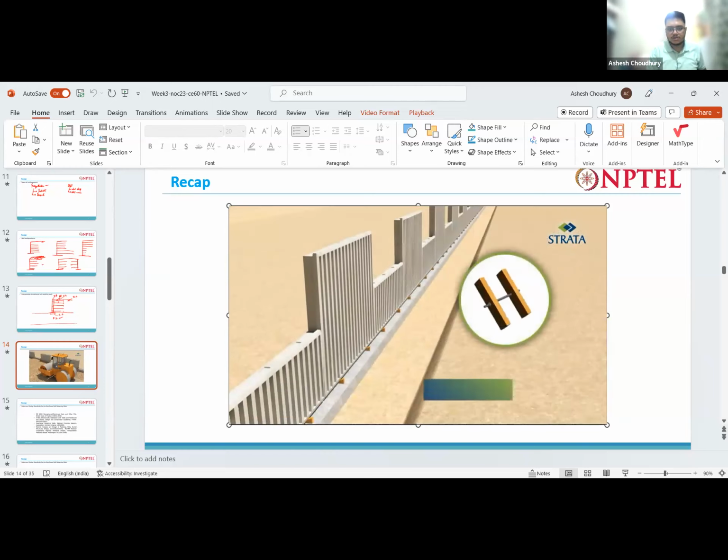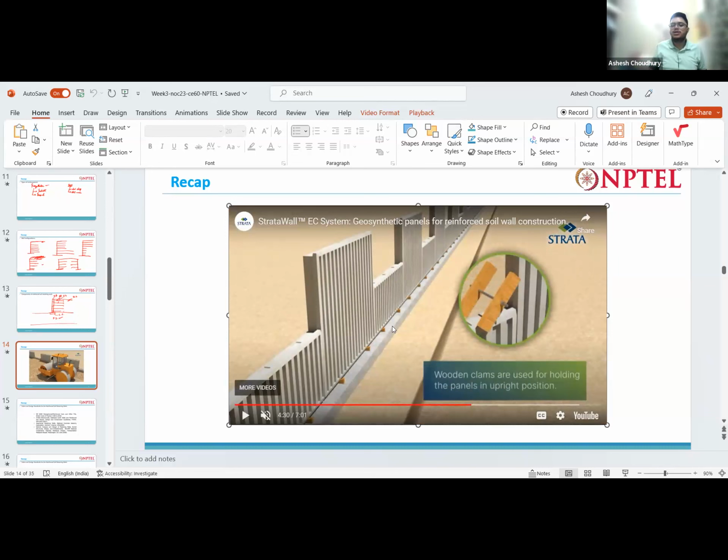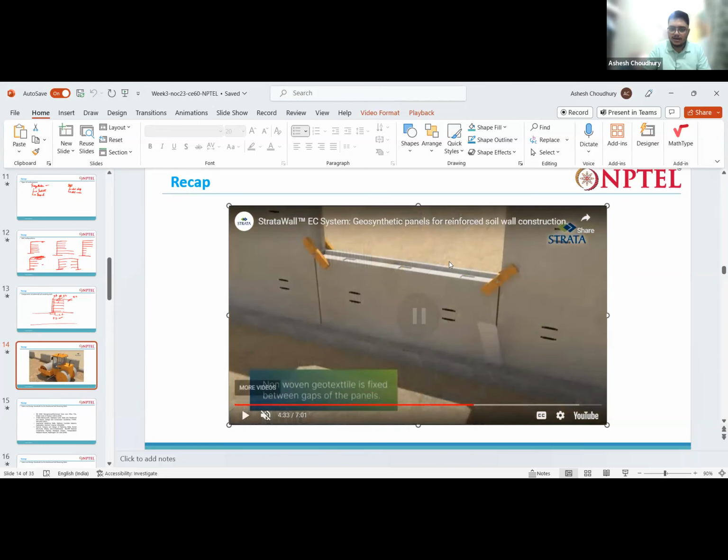And these wooden clamps are used to hold the panels in upright position. These are fixed like that, and you can see in the images that were shown by Professor Rajagopal during the classes. You would have seen this type of clamps, right? These clamps are used to hold these panels in position.